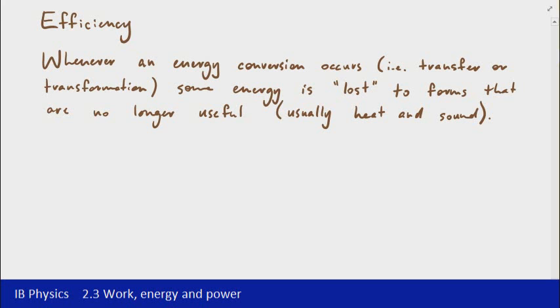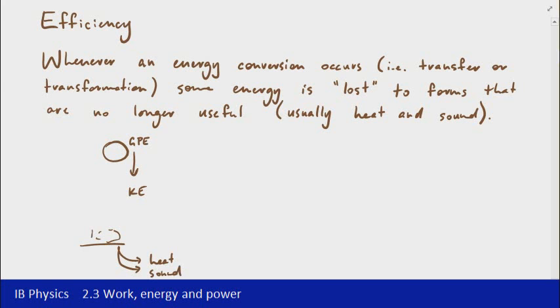Now, I could go through a few different examples here, thinking of things like a ball bouncing. When a ball bounces, initially it's GPE converted into kinetic energy as it falls, and then when it hits the ground, some of the kinetic energy is lost to heat, with the deforming of the ball and the transfer through friction to the ground. It can also be lost to sound, so some sound waves being produced.